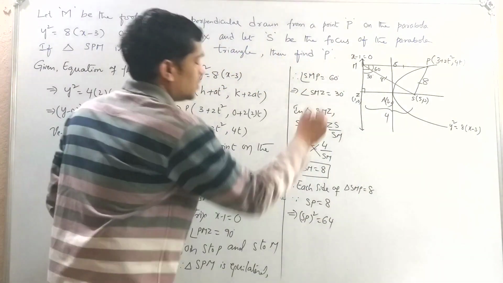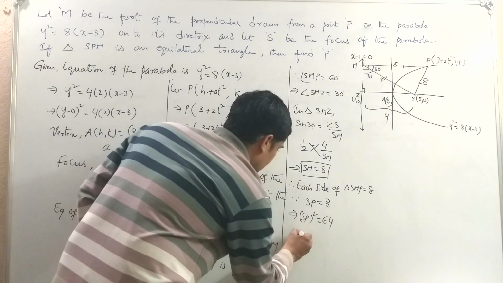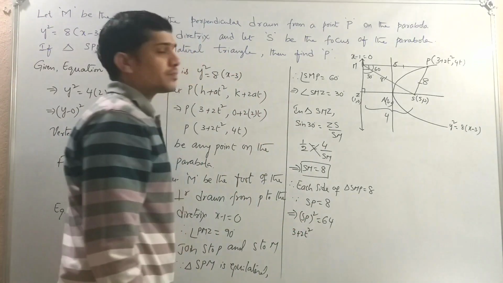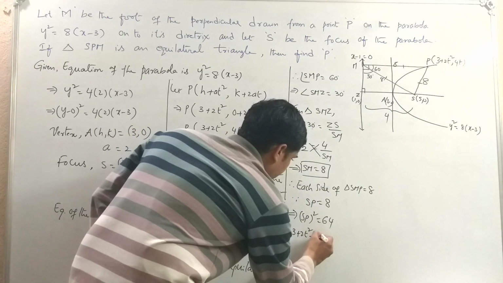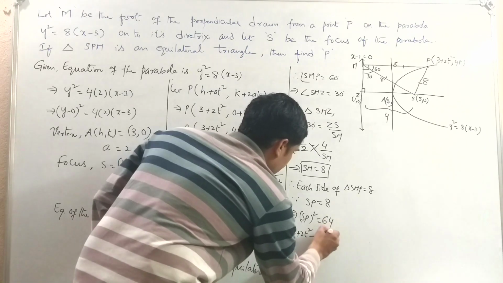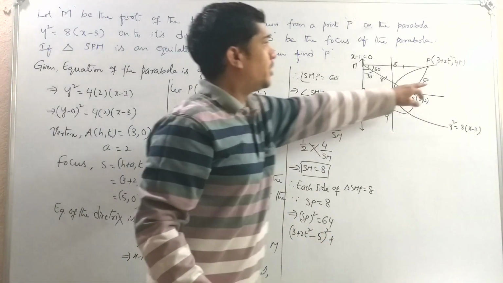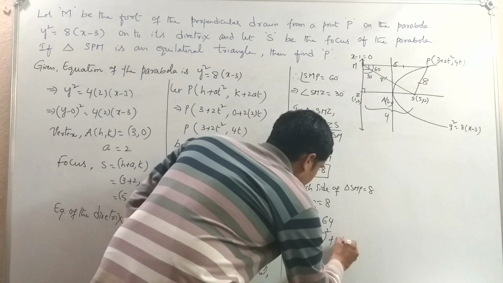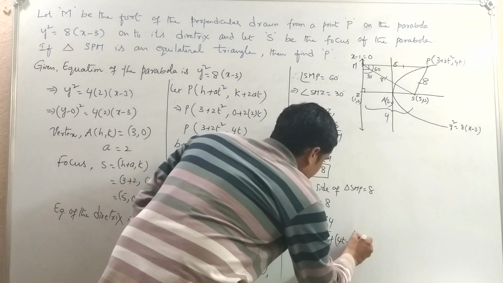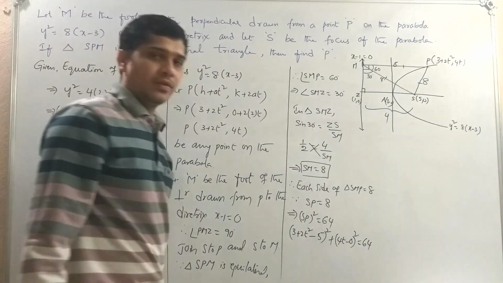So I am using 3 plus 2t square minus 5, whole square, plus 4t minus 0 whole square, is equal to 64.